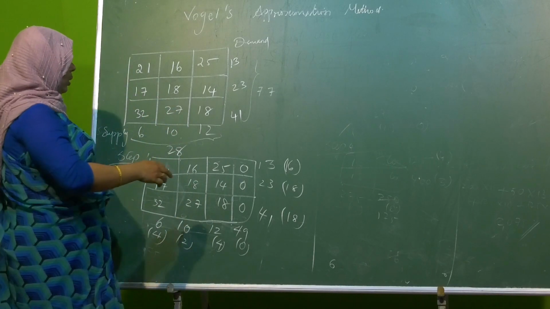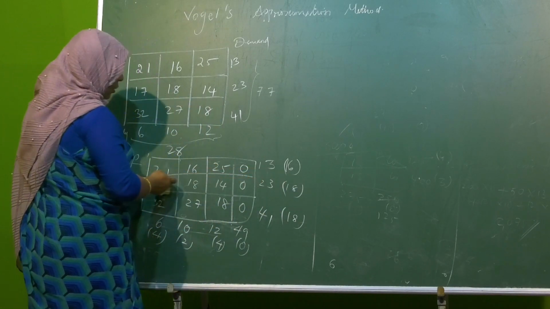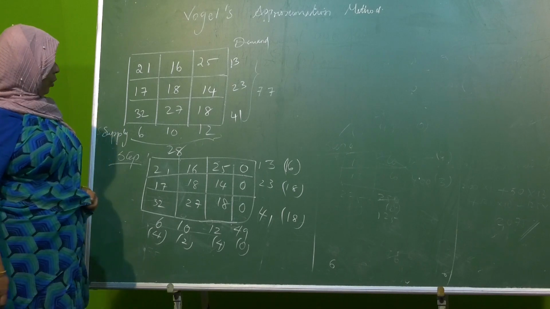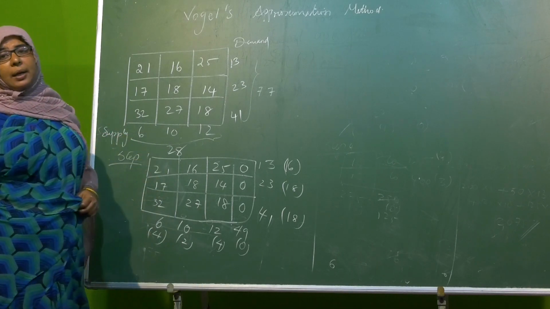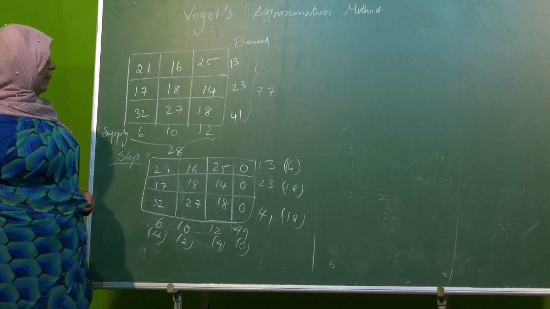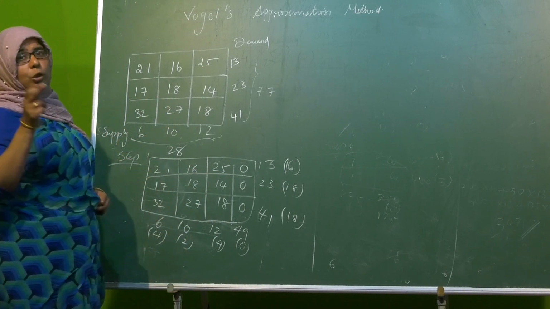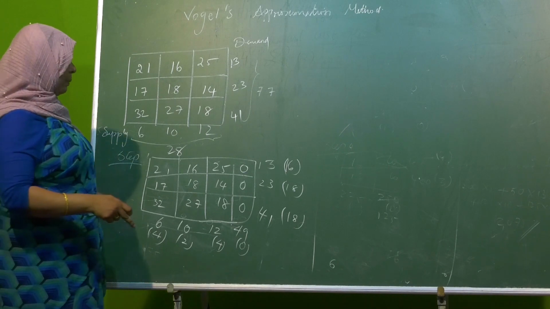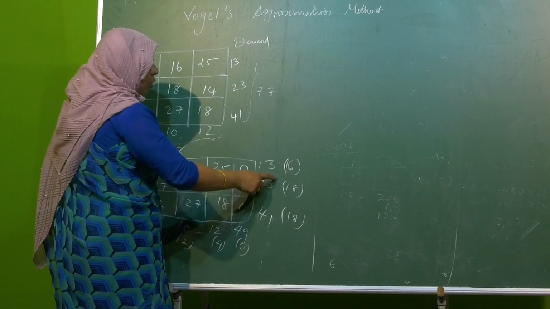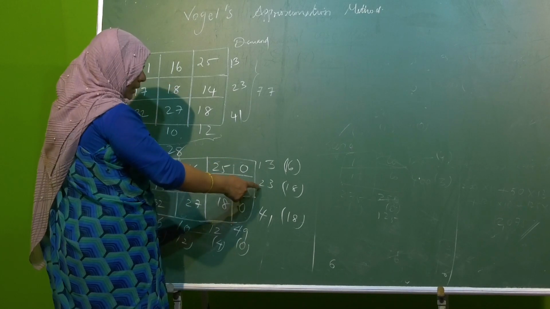Okay, so now I select the second row. In the second row, you have to see the minimum element only: 17, 18, 14, 0. Among these 4 elements, 0 is the minimum. So you have to allocate 23, 49.